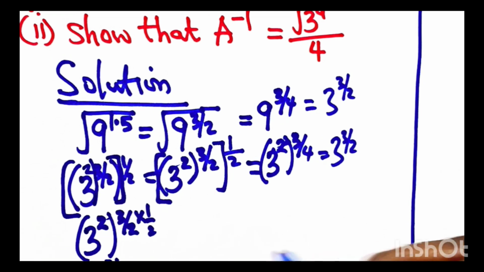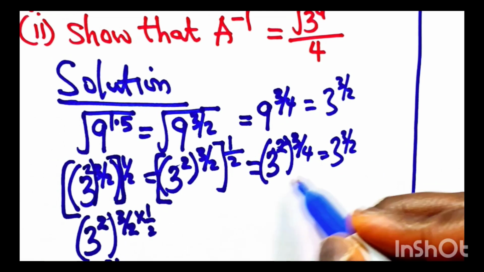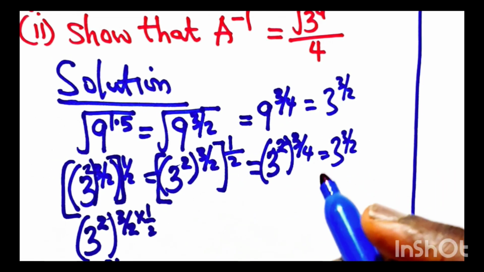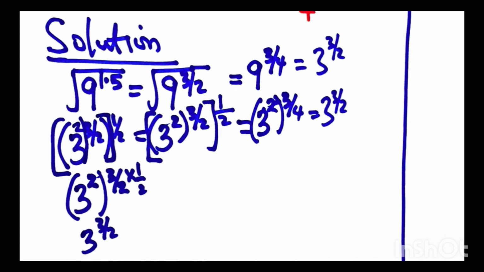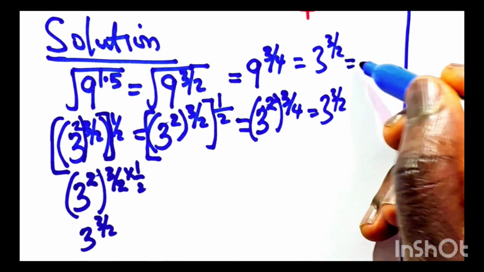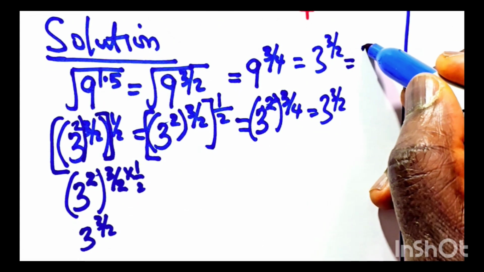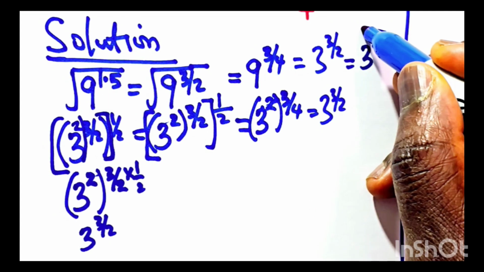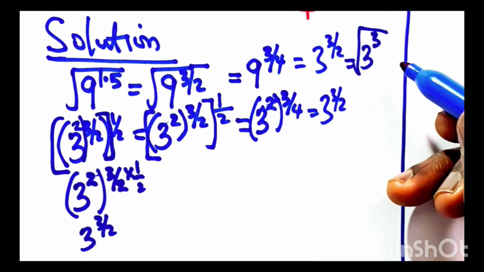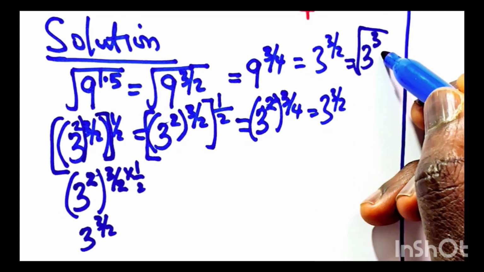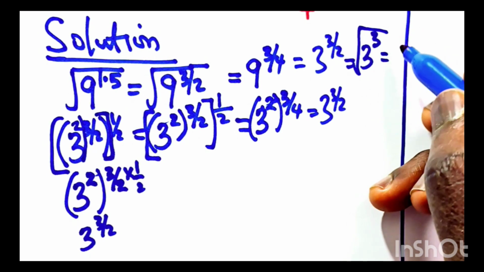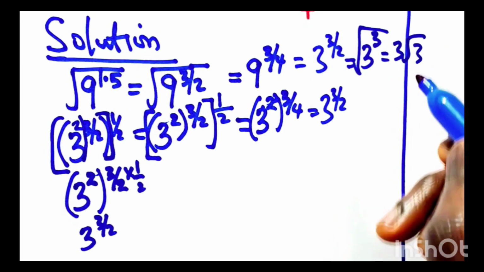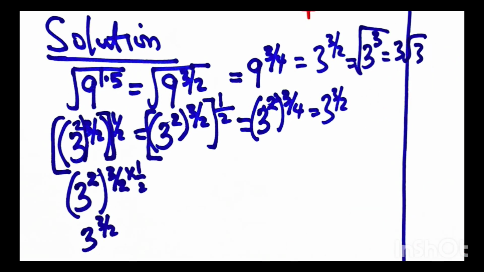That means all of them will be 3 raised to the power 2. And if we solve 3 raised to the power 2, this gives us the square root of 3 raised to the power 3, which gives us 3 root 3.